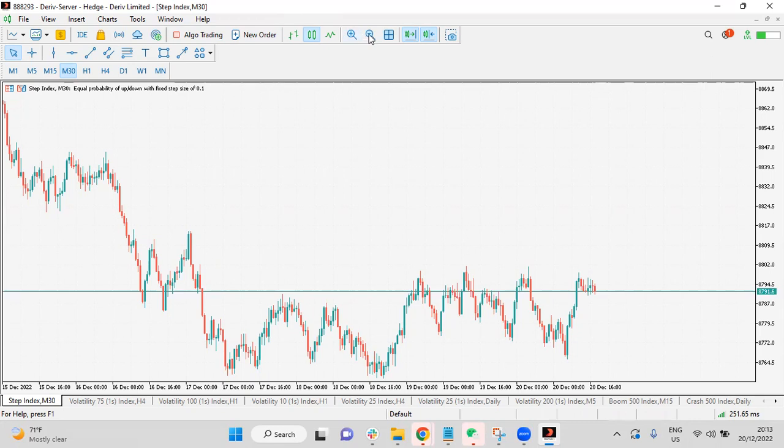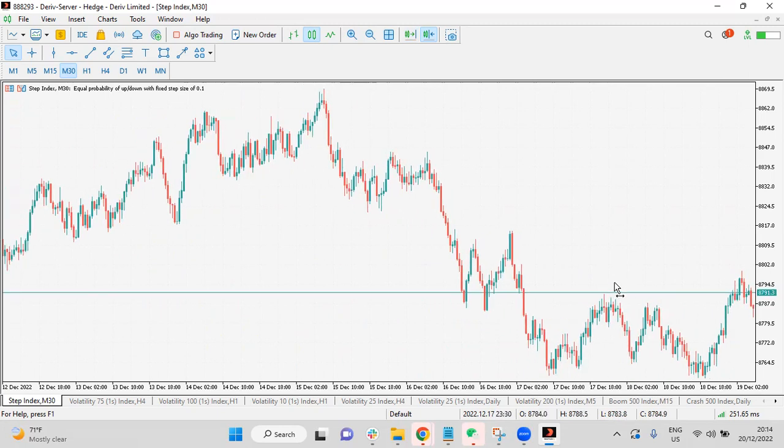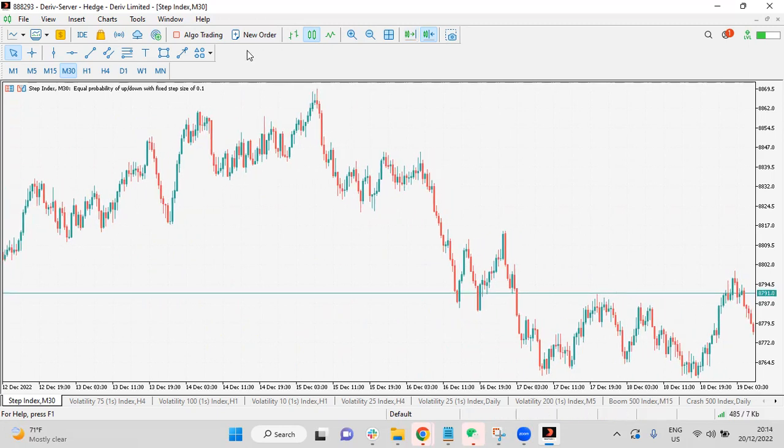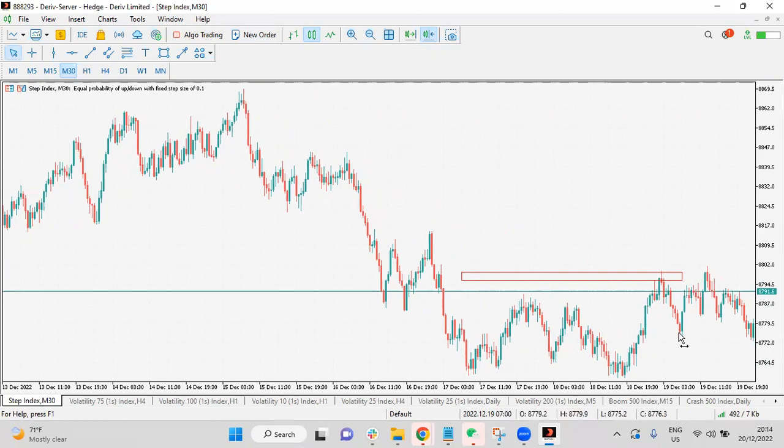However, assuming the price was unfolding, it forms this level. Now, if you look at this, you realize there is no previous level on the left side. And so this is where it hit, came down, and then it starts unfolding.